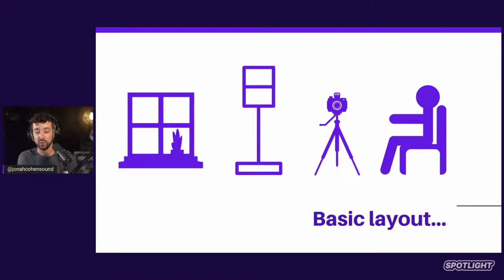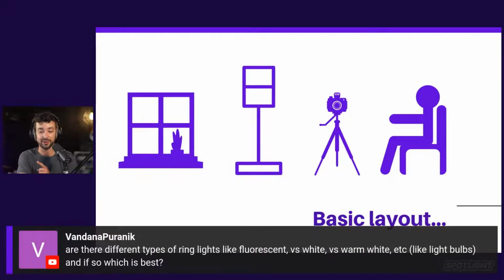I do want to answer a few questions coming in here. Are there different types of ring lights, like fluorescent versus white versus warm, etc.? Let me answer this in two parts. For the most part, most ring lights are LED lights.